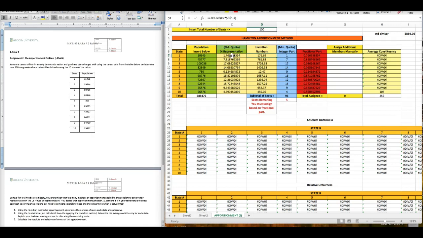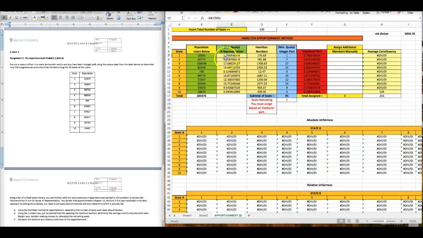is we're going to take this standard quota, and if you notice here, we're going to break this up into its whole parts and fractional parts. So these next 2 columns that you see here is basically this number broken up into 2 separate parts.